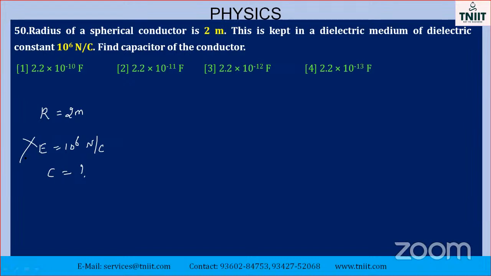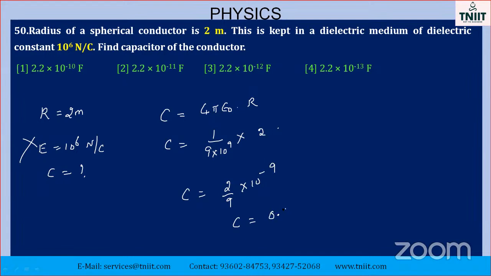Capacitance of the spherical conductor is given by 4 pi epsilon naught into R. 1 by 4 pi epsilon naught is 1 by 9 into 10 power 9. Radius is 2 meter. So 2 by 9 into 10 power minus 9. What is 2 by 9? 0.2 into 10 power minus 9, or you can take 2.2 into 10 power minus 10.